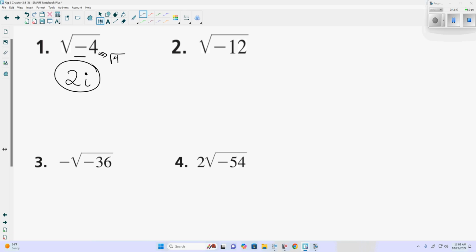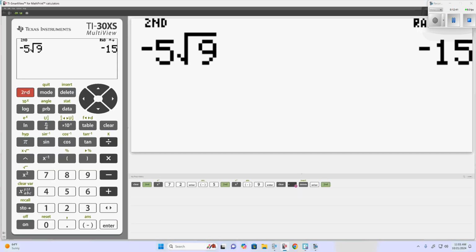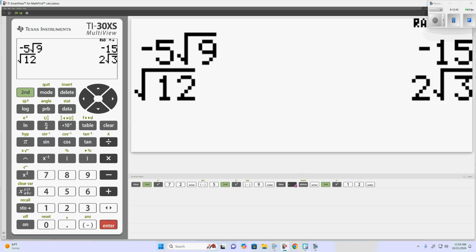Now, if we look at the next one, square root of negative 12. The negative is going to come out as what? I. So the negative comes out as I, really leaving us with trying to find the square root of 12. Now, to find the square root of 12, we'd find the perfect squares. We just use the TI-30XS.